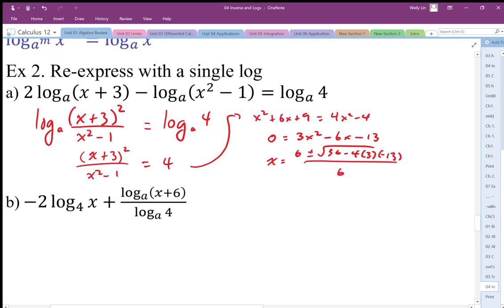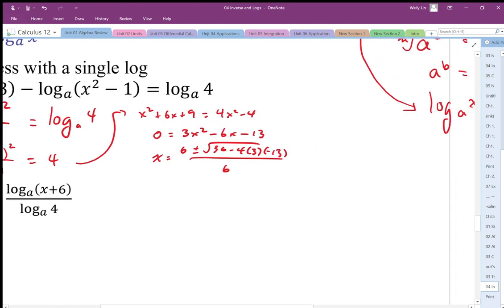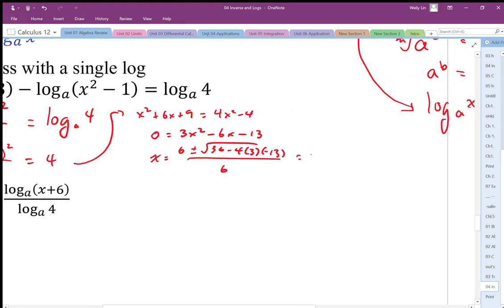Okay, so there's our quadratic formula. We should maybe simplify this. This becomes 6 plus or minus the square root of 36, and then negative 3 times negative 13 times 4, that's going to be 156.